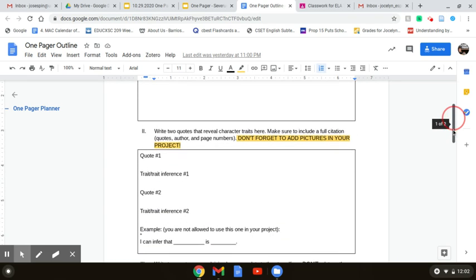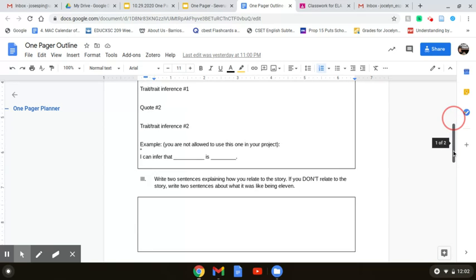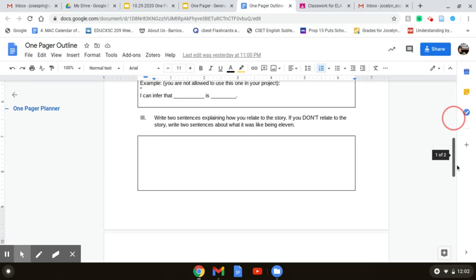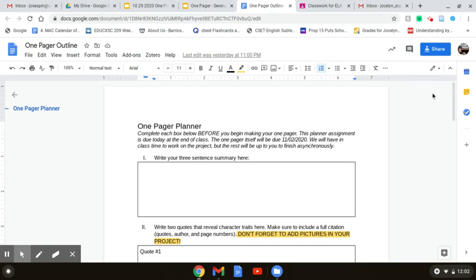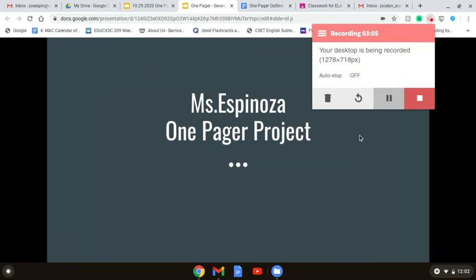Here you can fill out what quotes you're going to use and your sentences, and that way you can just transfer them over to your presentation or what you're working on handwritten. If you need to see an example of what a PowerPoint presentation of the one-pager would look like, I have one also on Google Classroom.